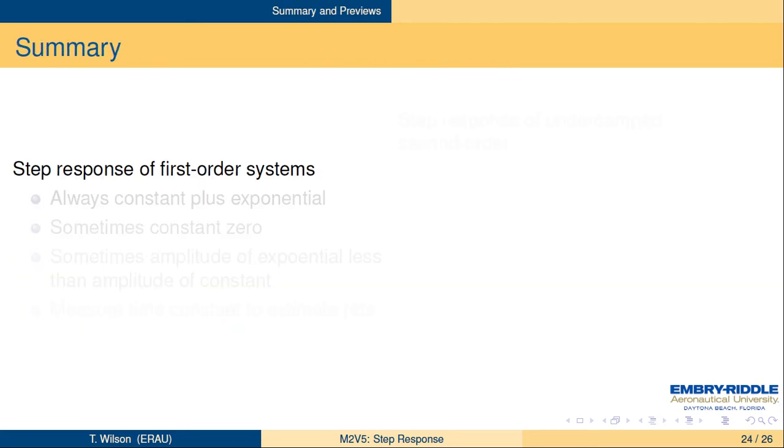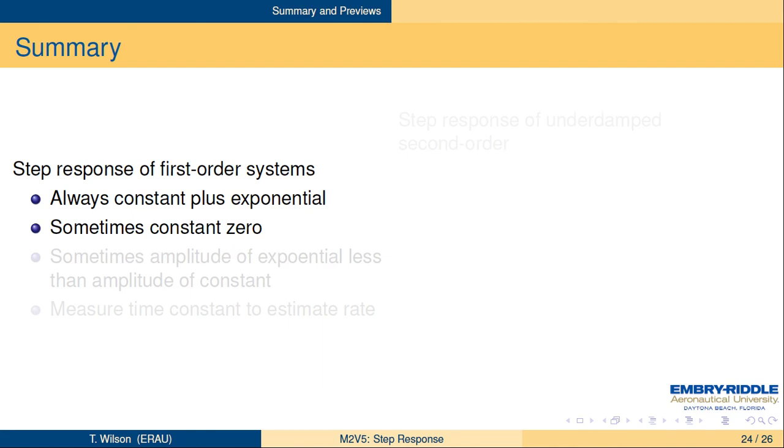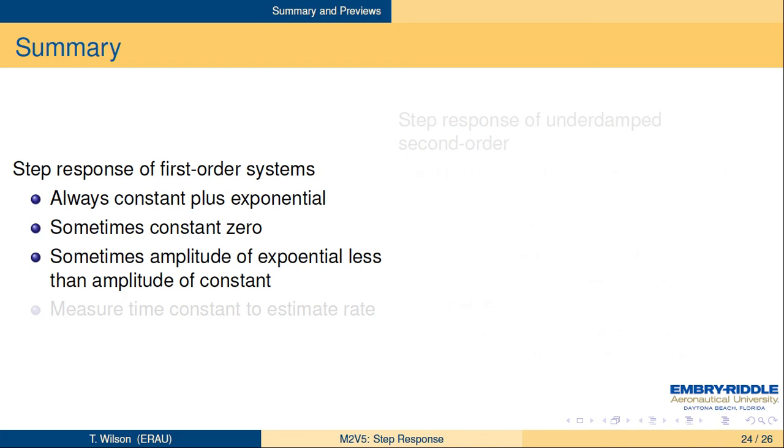So to summarize, we looked at the step response of first order systems. It was always constant plus an exponential. Sometimes the constant value was 0 when you had a 0 at s equals 0. Sometimes the amplitude of the exponential was less than the amplitude of the constant. And you can measure the time constant by the fact that the slope, the tangent line, reaches the final value 1 time constant later.